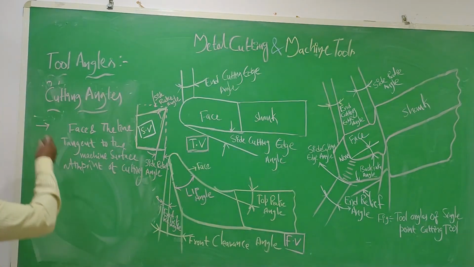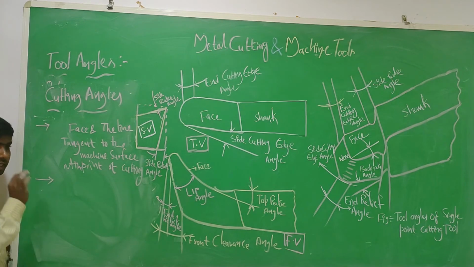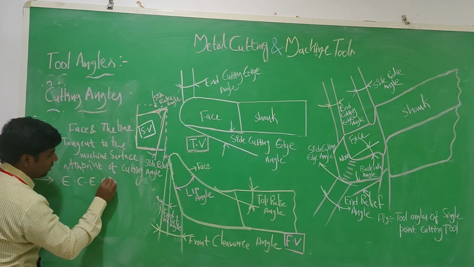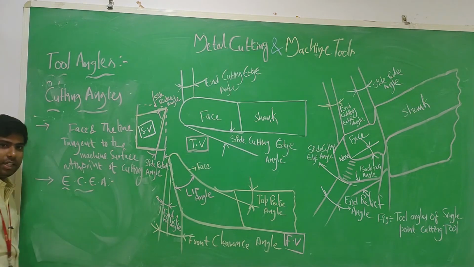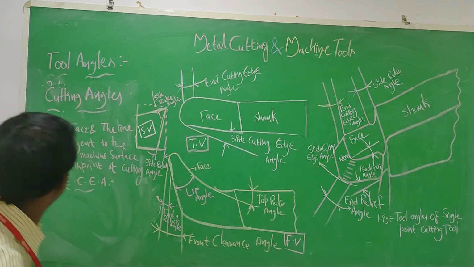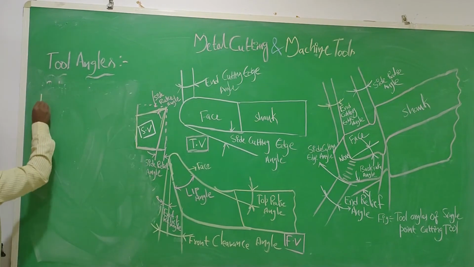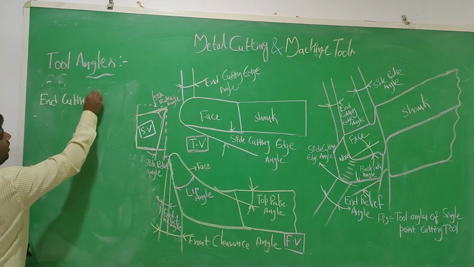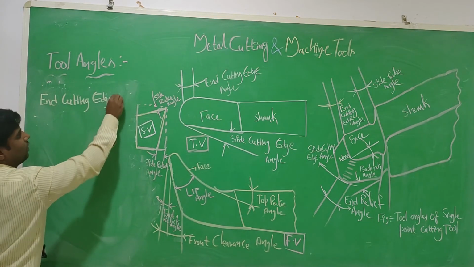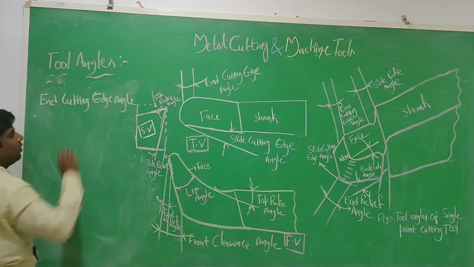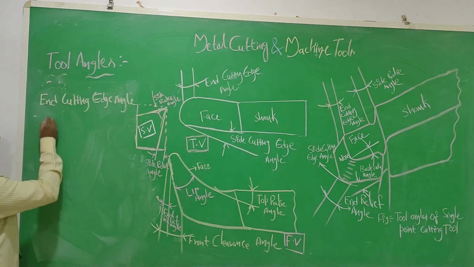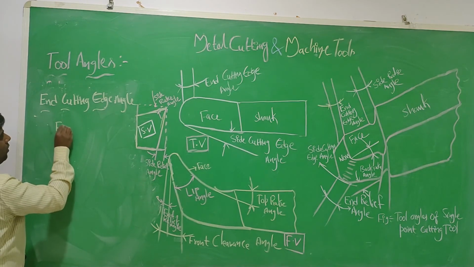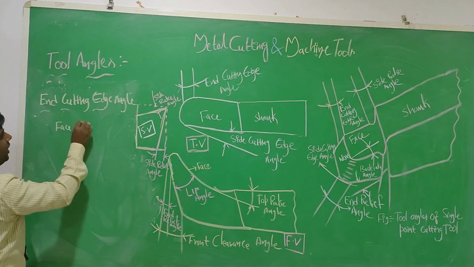So we have two types of angles: the end cutting edge angle and the side cutting edge angle. The end cutting edge angle is the angle between the face of the tool and the end portion of the flank.